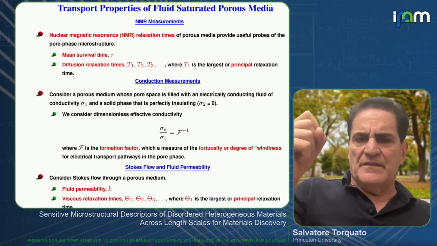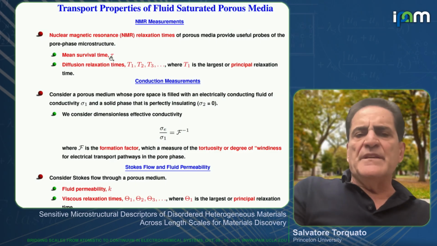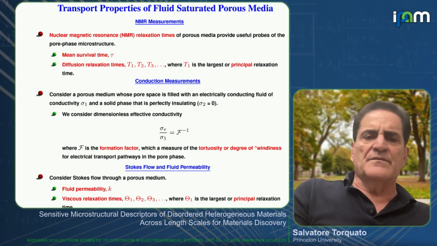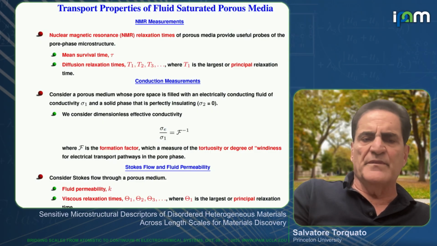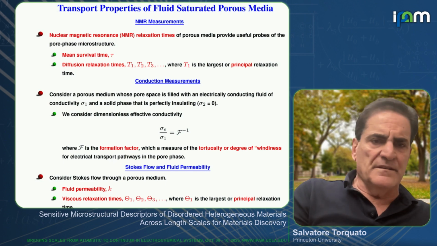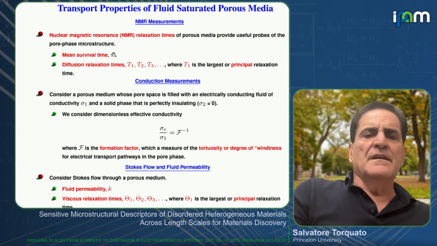I put it in a magnetic field, I turn off the magnetic field, and I let the system relax. The mean survival time I mentioned earlier is the average time that it takes for a Brownian particle to survive before it gets trapped. For example, you can have paramagnetic impurities at the interface, which causes it to be demagnetized.